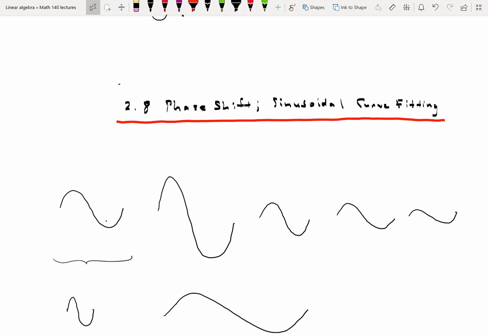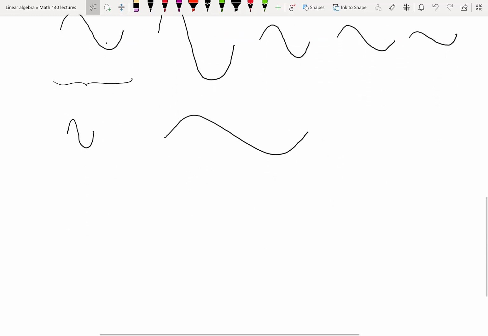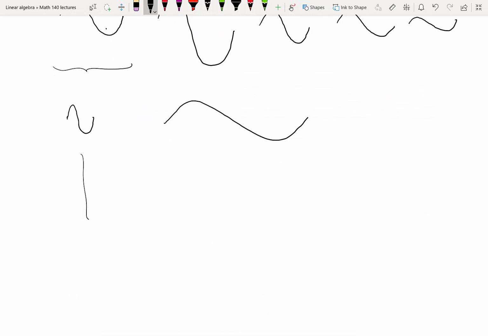The sine and cosine are exactly the same shape, and I gave you a detailed explanation of that. If this is the sine function, then the cosine function looks like this. They are identical in shape. So in a sense, they're both really just a sine function.